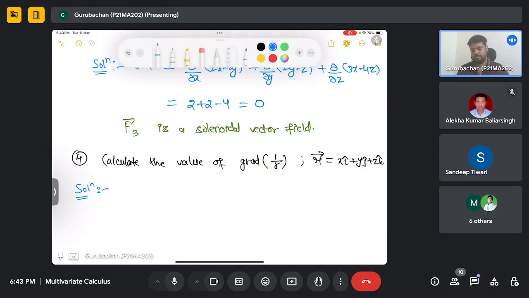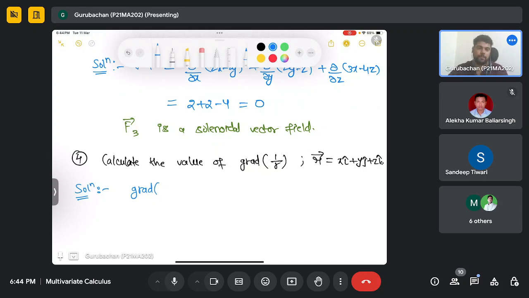Any other answer? Yes, it's minus r by r cube. Okay. So what is the gradient of, first of all, for which field can we find the gradient, scalar or vector?